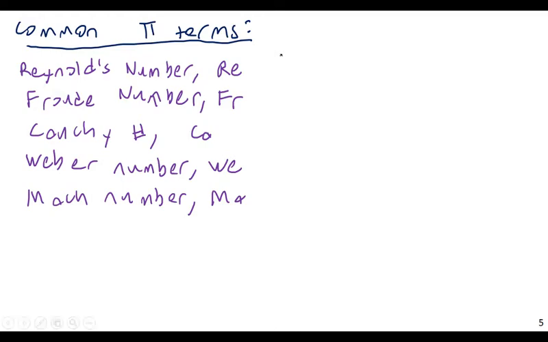The Reynolds number might be something like rho V L D over mu, or V L D over nu. And this is used generally in fluid dynamics.